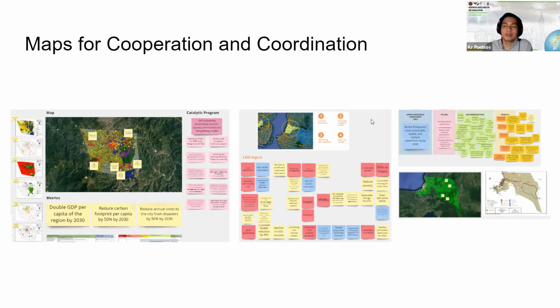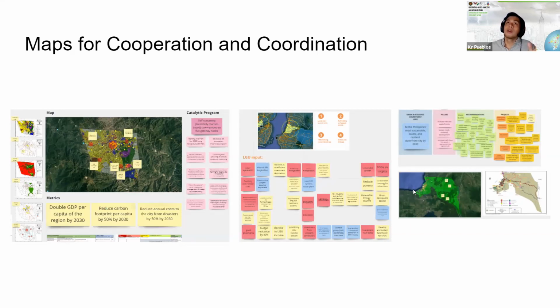And what you can learn from this is everyone can read maps. Everyone knows where their places are. Everyone knows if they can see a flood risk map next to their village, they know what that is. They've lived that. They know what resilience is because that's how their everyday life looks like. And so this is our interface with the LGUs and different stakeholders.